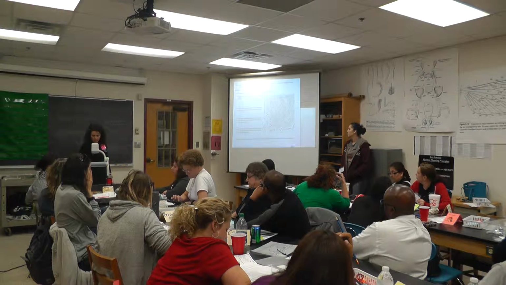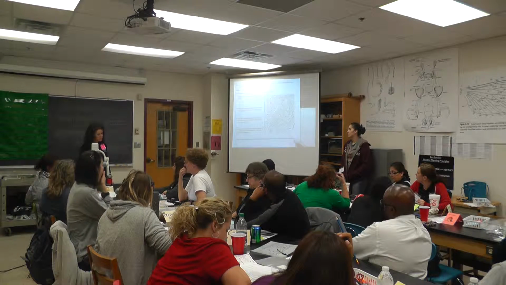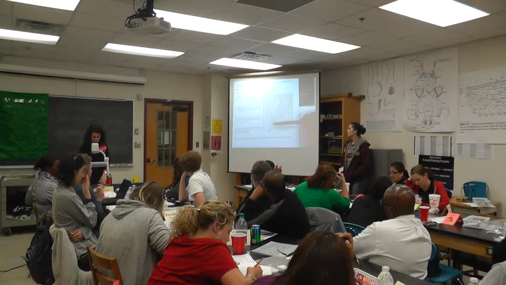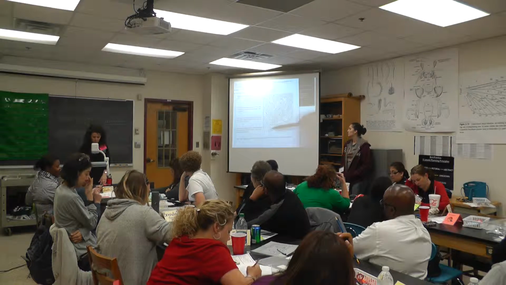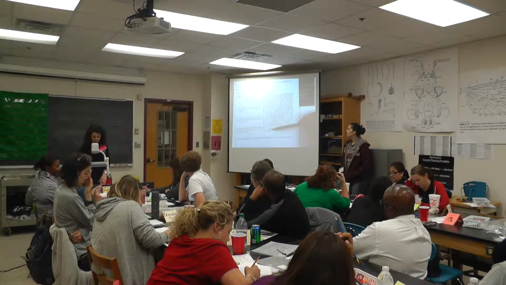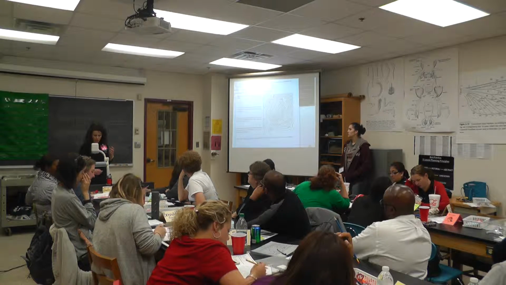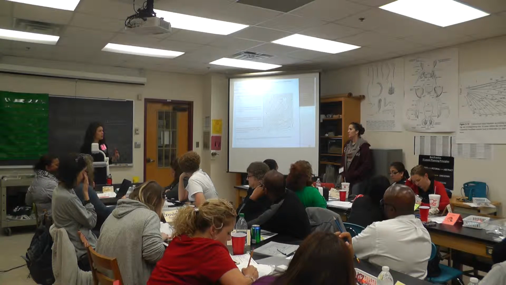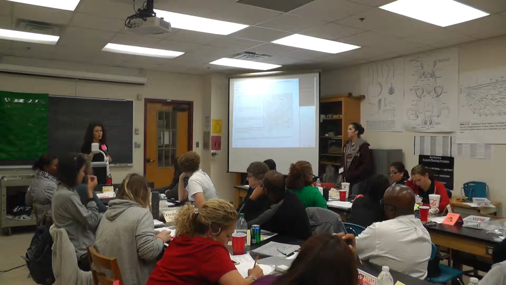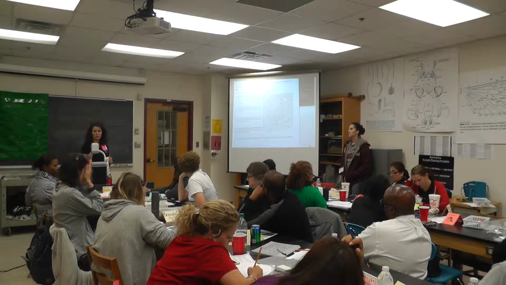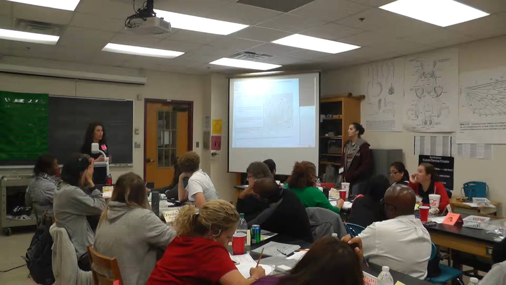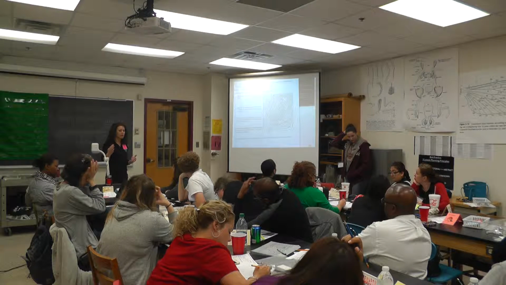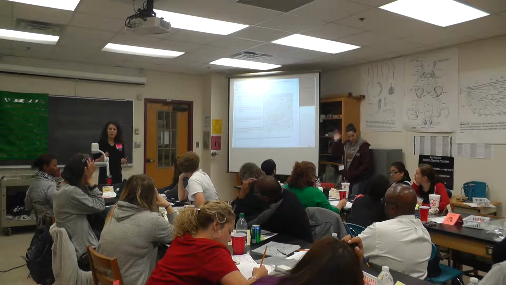Now, the contour interval is not listed, but if I count between my index intervals, there's 1, 2, 3, 4, and then my next index. So there are 5 interval lines going from one index interval to the next, which tells me a change in elevation of 1,000 feet divided by 5 lines.